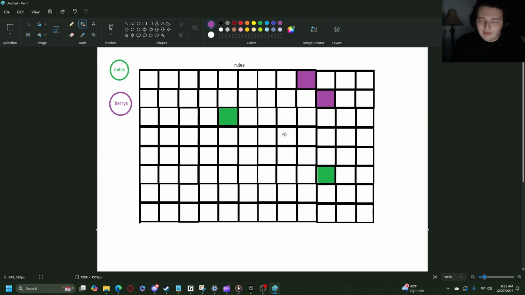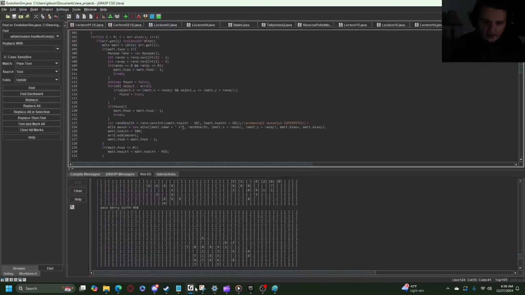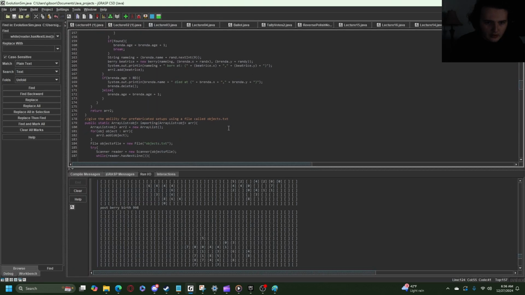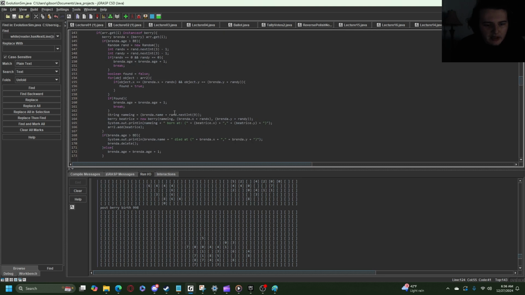But after a certain amount of days, that is larger than the certain amount of days for reproducing, they will die out, which sort of gives this effect of the berries moving across the screen, except they aren't, because they follow the same code that the mites take, where in their code they get a random number added to the end of their name, which essentially makes it so that if you can pinpoint the name, then you can pinpoint how many iterations it has gone through, or how many generations it is, dependent on how many digits it has and what the first digit is.